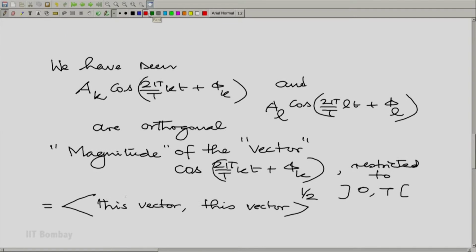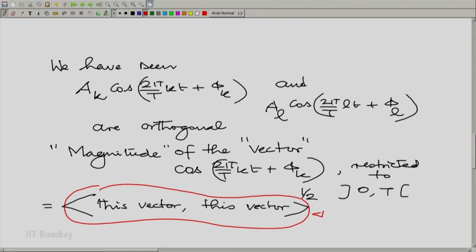When you take the dot product of a vector with itself, this is bound to be positive. This is the square of the magnitude, and therefore we need a power of half there. It has to be non-negative. Let us take that dot product.